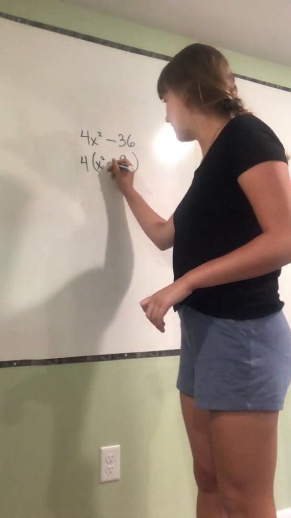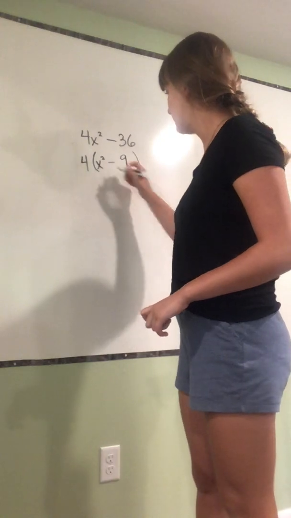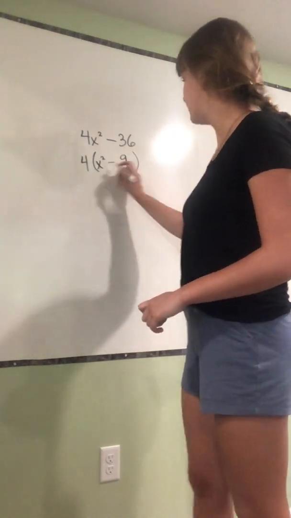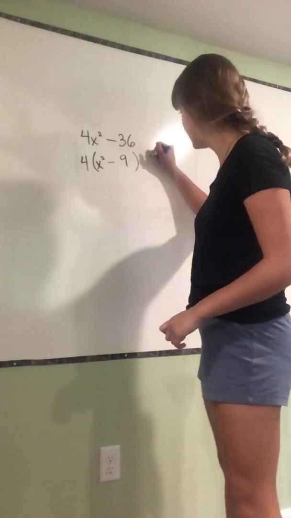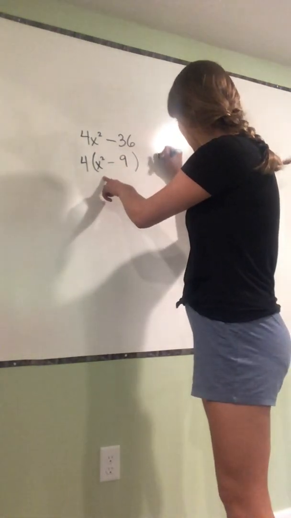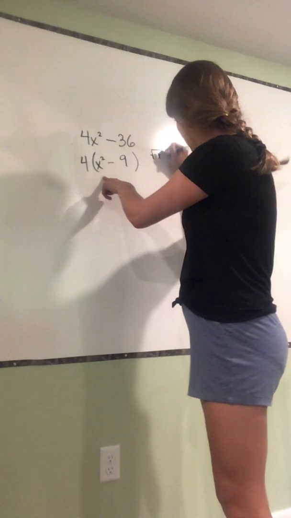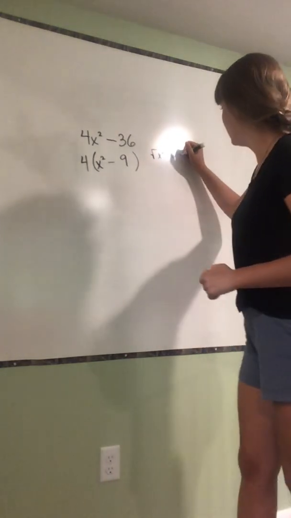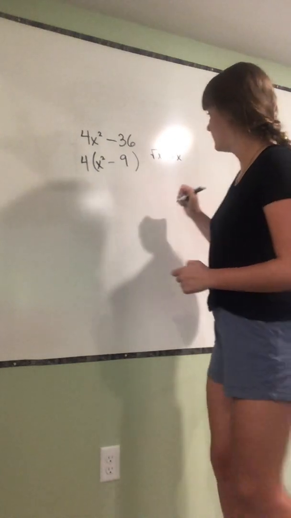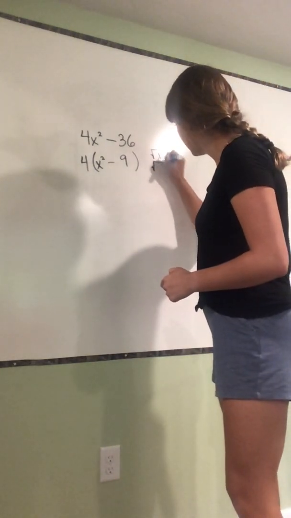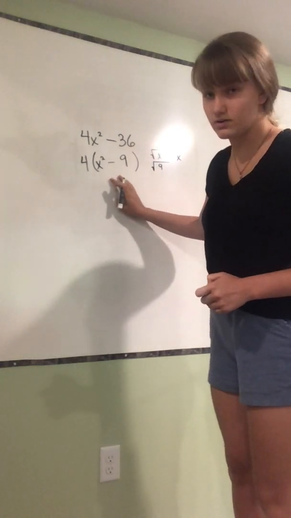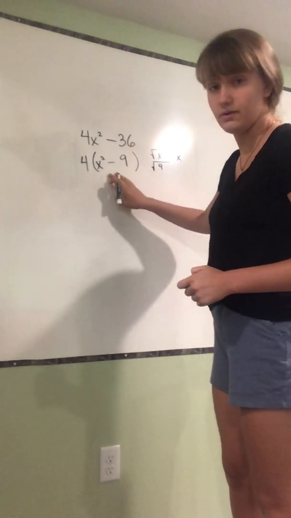So as we work this out, all we need to do is to get the perfect squares of both of these. So the square root of x squared is x, obviously. And square root of 9, just ignore the negative, you can't have the square root of a negative number and it be real.